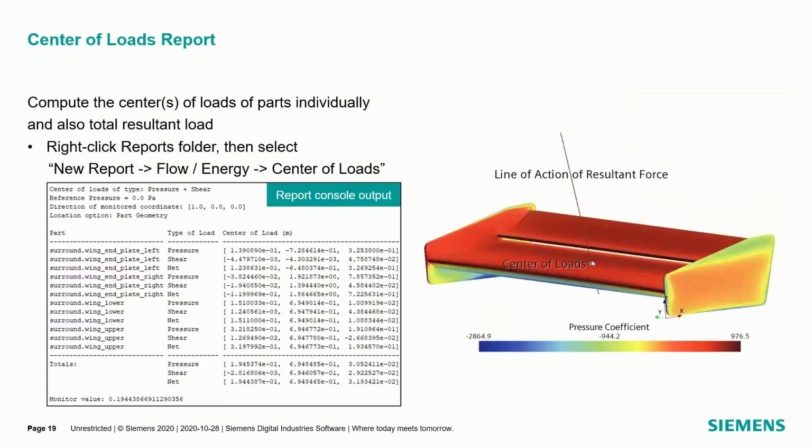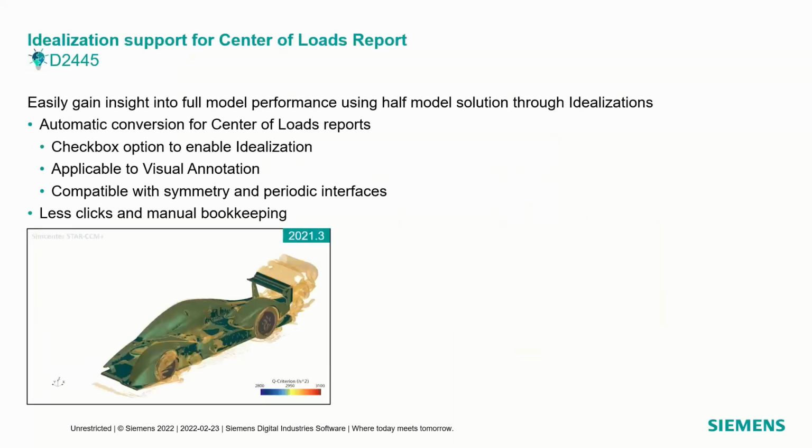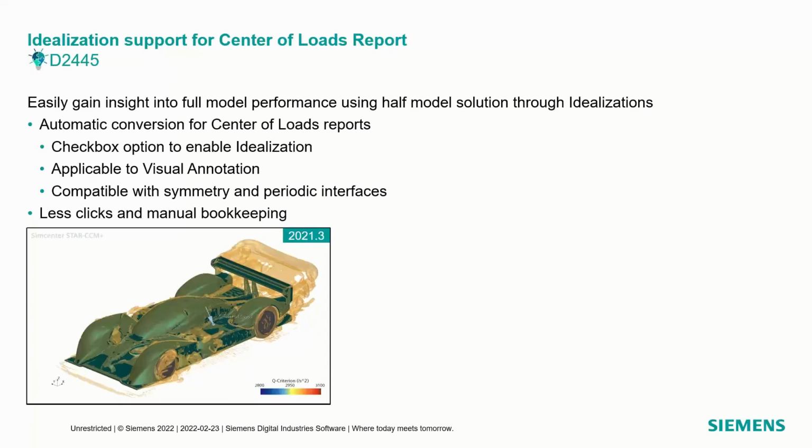And the improvement for SimCenter STAR-CCM+ 2022.1 is that it lets you run half car simulations or half model simulations a lot easier, because previously the center of loads report wouldn't understand that the model is being run as a half model.